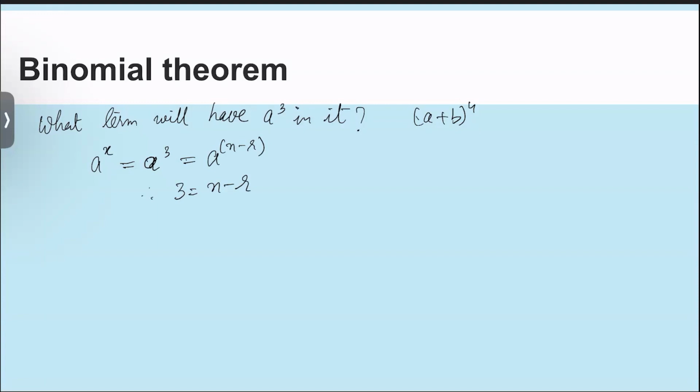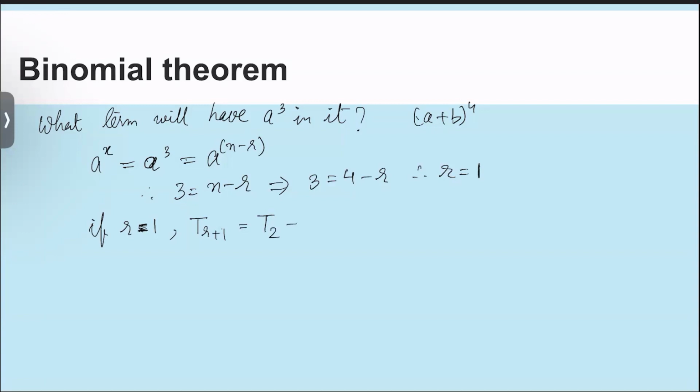Over here n is equal to 4, so 3 is equal to 4 minus r, and therefore r is equal to 1. So if r is equal to 1, the concerned term is going to be the second term.